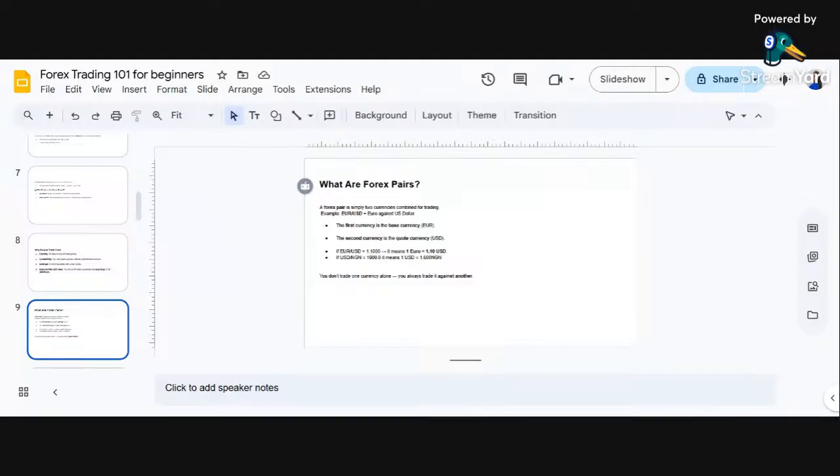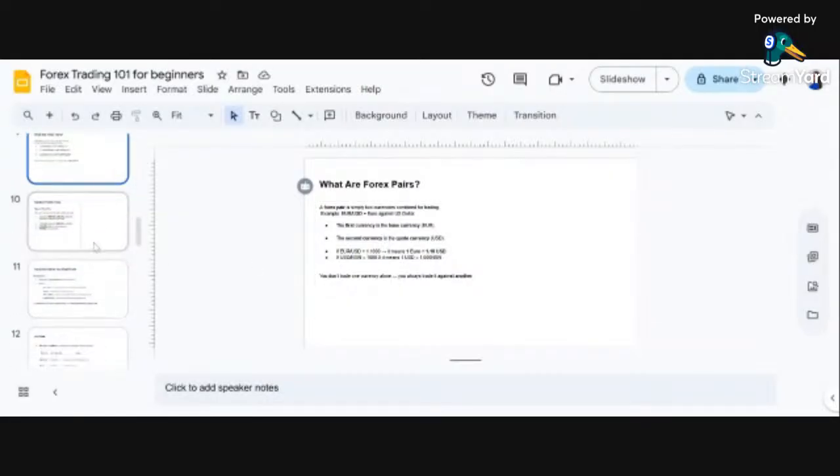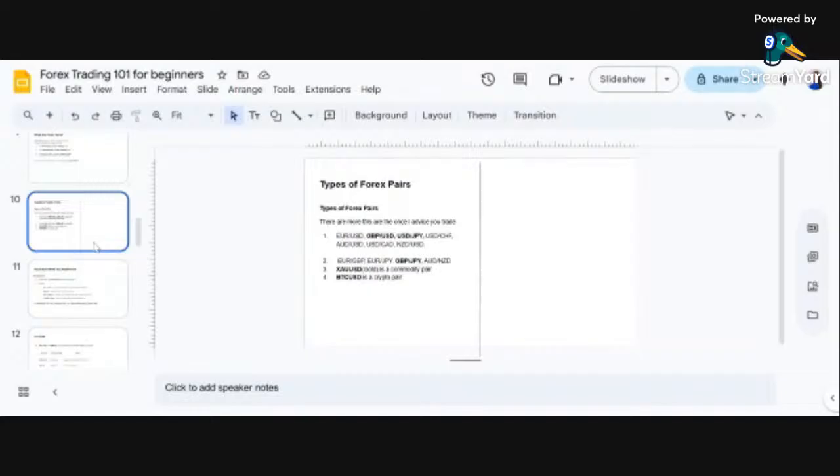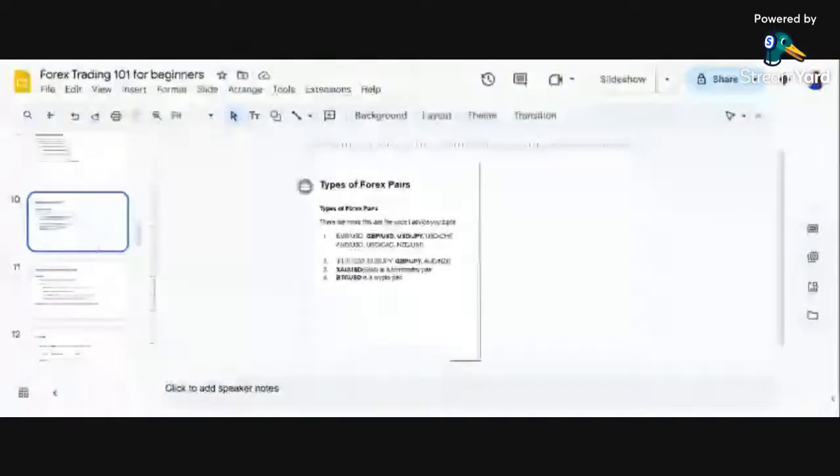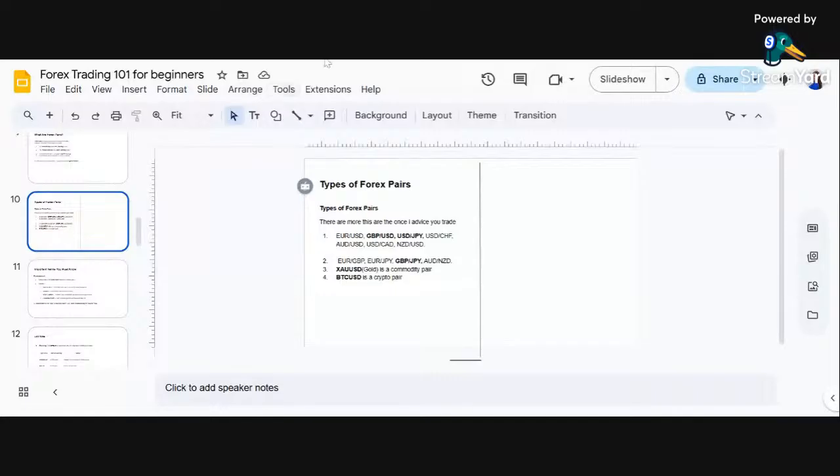All right. So I was talking about forex, and I've explained this before. Different types of forex pairs I recommend highly to you that you can start. You can take a screenshot of this.